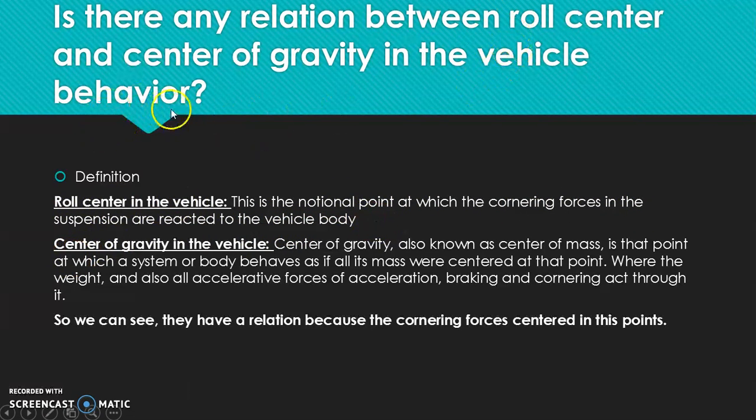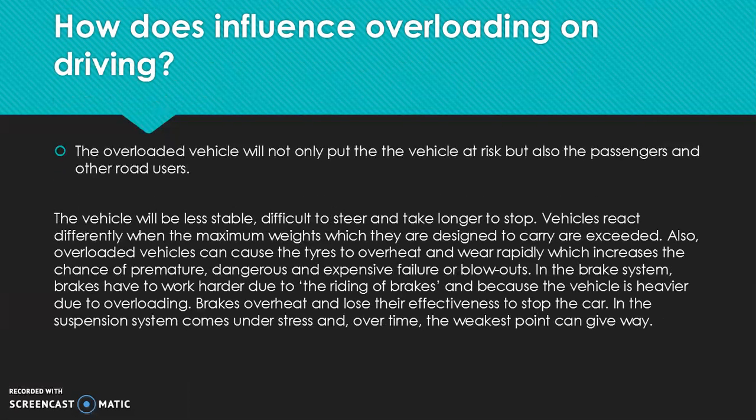The center of gravity in the vehicle, also known as center of mass, is that point at which a system or body behaves as if all its mass were centered at that point, where the weight and also all accelerative forces of acceleration, braking, and cornering act throughout it. So we can see they have a relation because the coordinating force centers in this point. So yes, they have a relation.